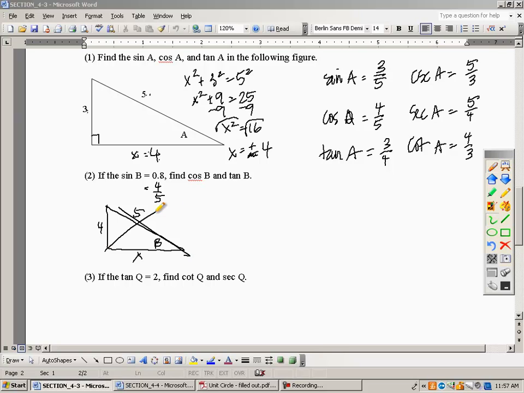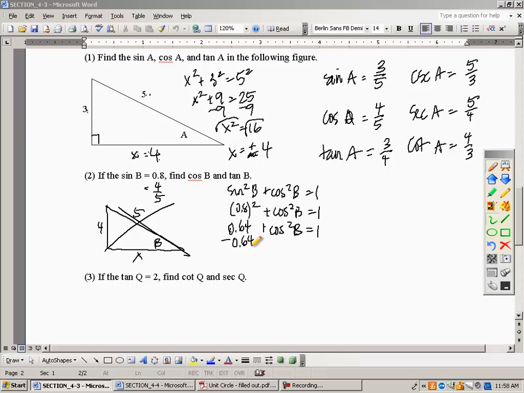Okay, I'm going to show you the pre-calc way. The pre-calc way says, let me use the identity sine squared B plus cosine squared B equals 1. Sine is 0.8, so I have 0.8 squared plus cosine squared equals 1. 0.8 squared, well 8 squared is 64, so you get 0.64 plus cosine squared equals 1.